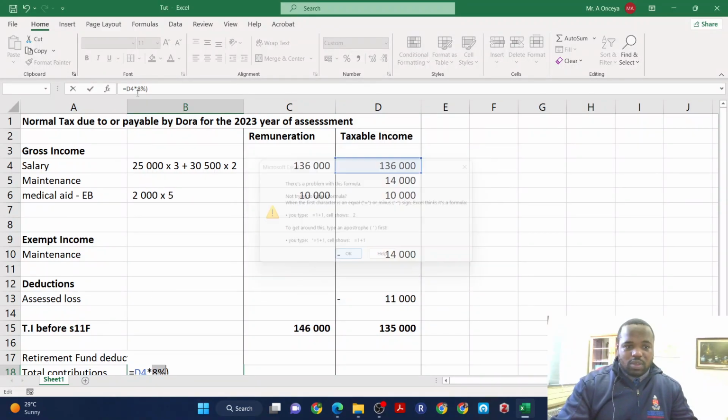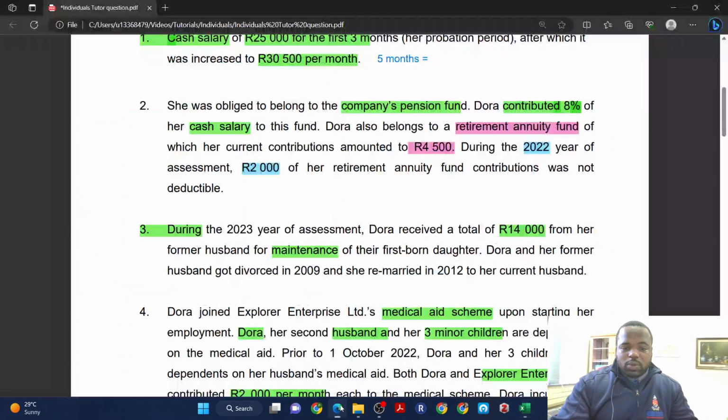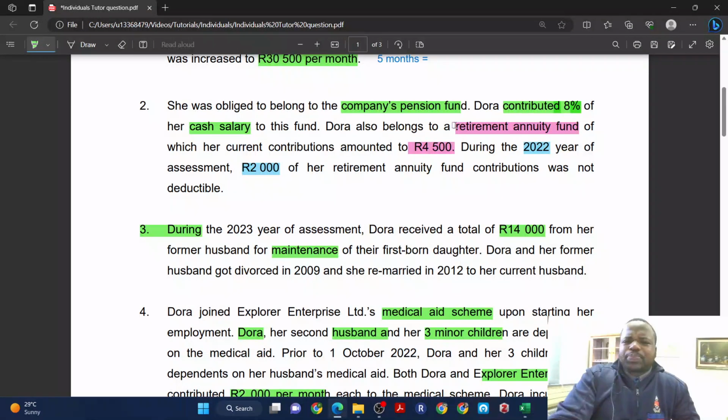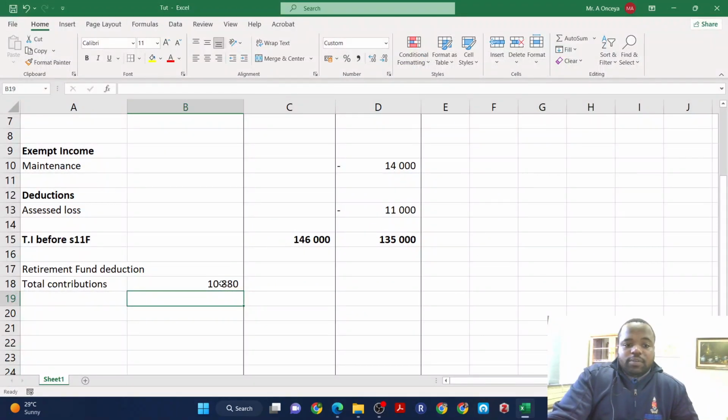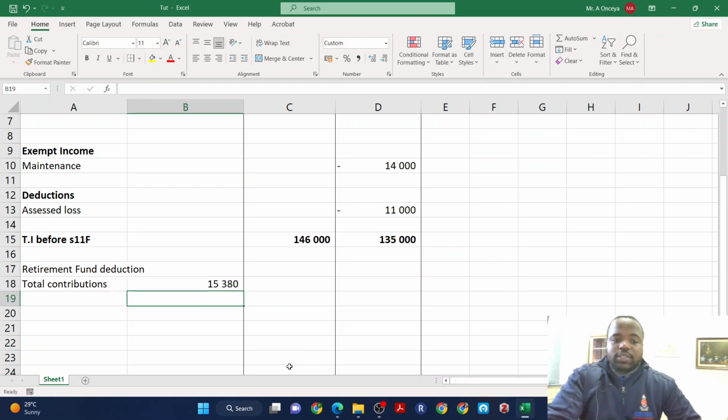I want this in brackets to show you. So that's 8% of that. And then we are told Dora also belongs to a retirement annuity fund and her contributions amounted to 4,500 rands. So quickly you add plus 4,500 rands.